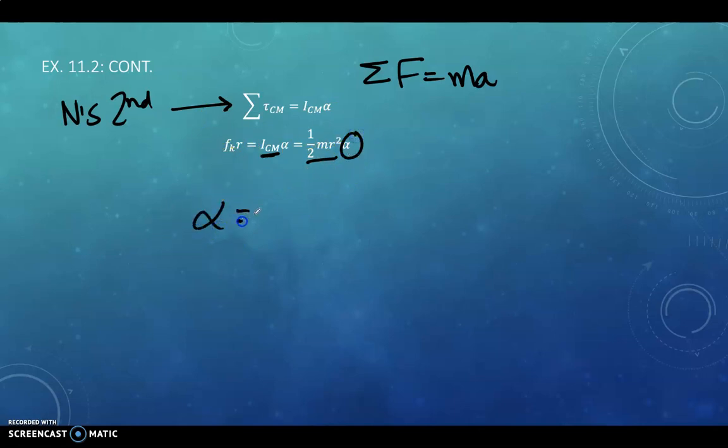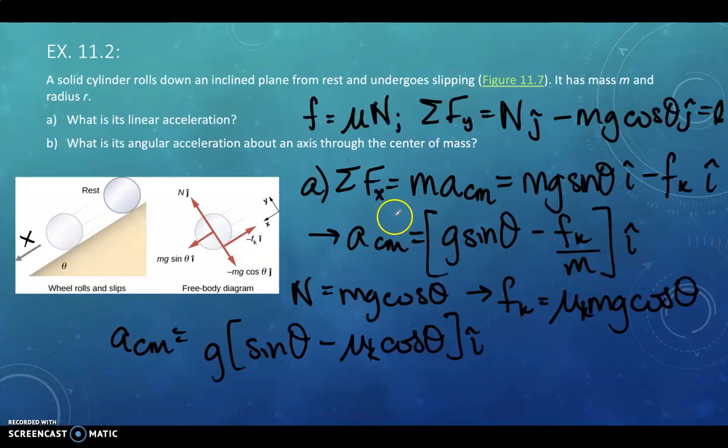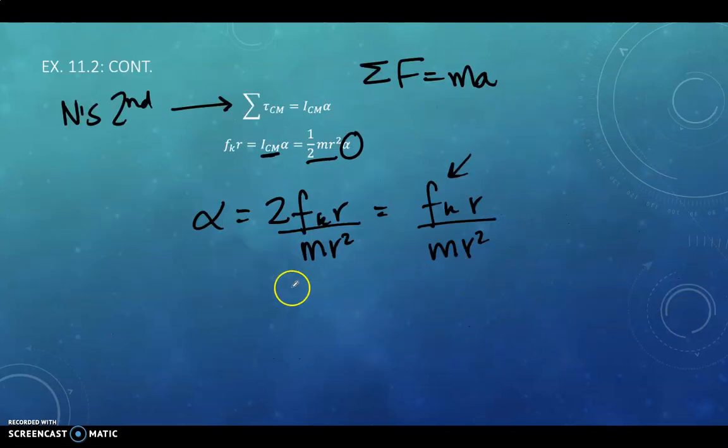So alpha is equal to, we'll move over the 2 and divide over mr squared, 2 f sub k r over mr squared. Now we can plug in our f sub k, since we had it back here: mu sub k mg cosine theta.